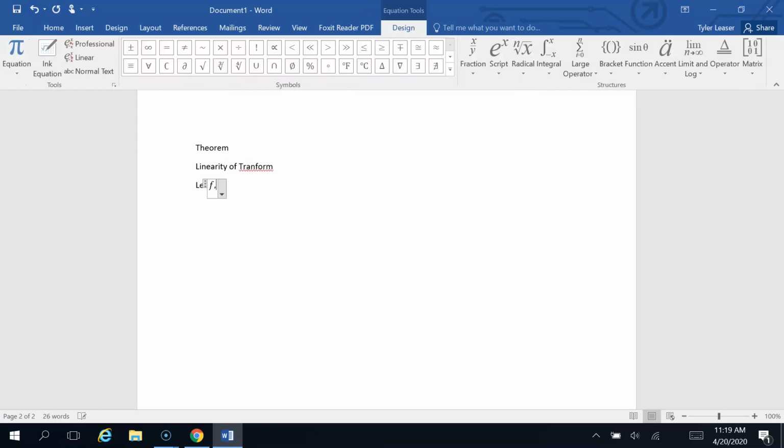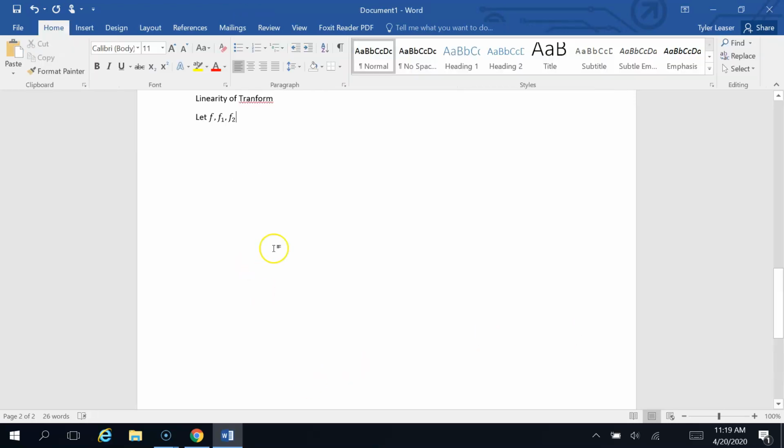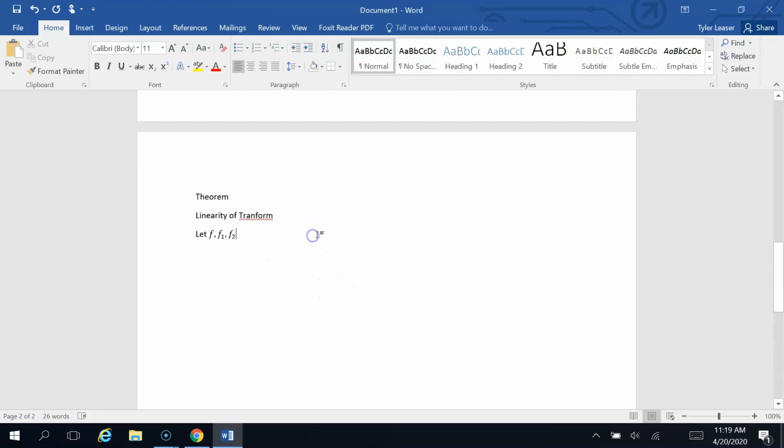So let there be 3 different functions here, f, f1, and f2. Whoop, we lost them. There they are. So let there be these 3 different functions whose Laplace transforms exist, as long as we have that s is greater than some value a for whatever that needs to be. Then there's 2 different things that we can say here.